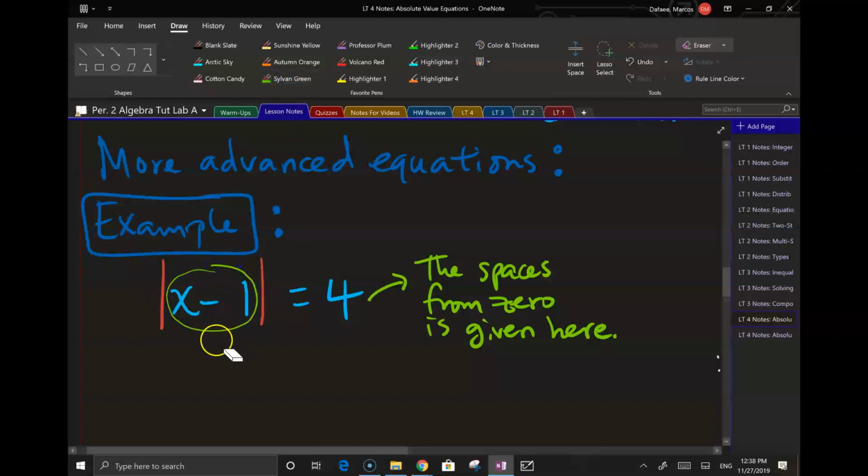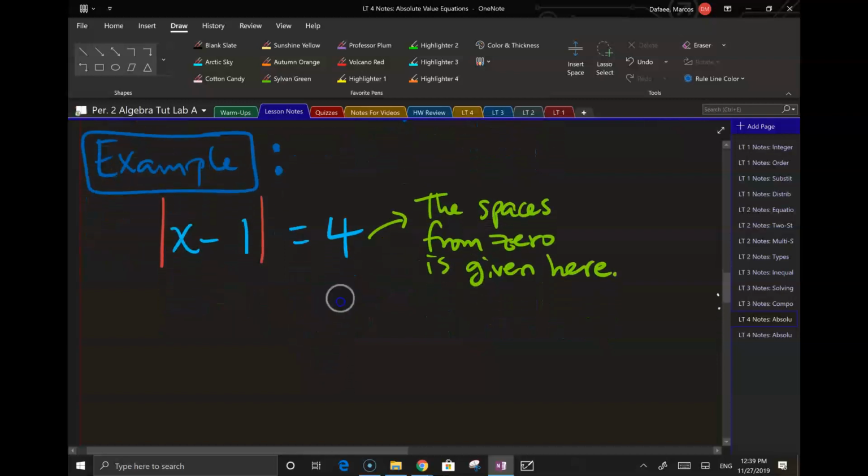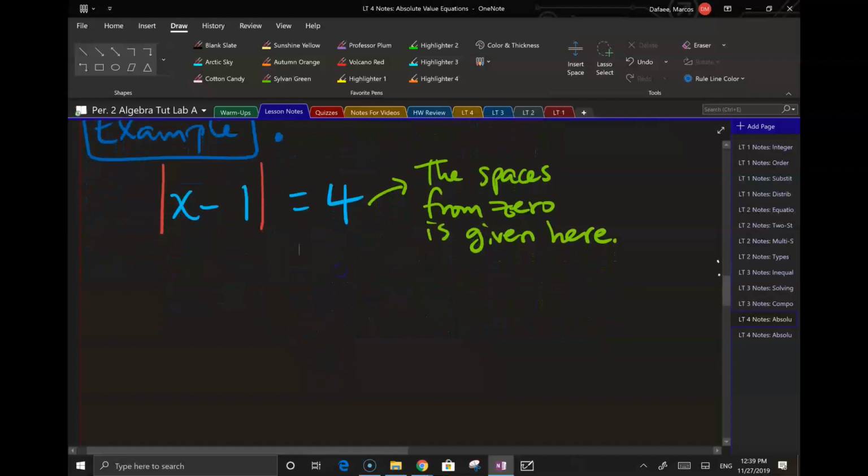And even though this seems to change how everything works, it really doesn't, because the main focus is actually the number outside. And this number outside gives you the spaces from 0 that you currently are. So there's a value which is 4 spaces from 0. And if the question were, what number is 4 spaces away from 0? The answer becomes both a -4 and a +4. Both numbers are 4 spaces from 0.